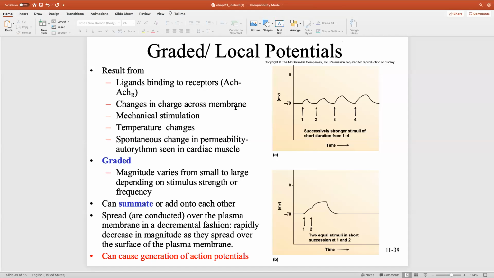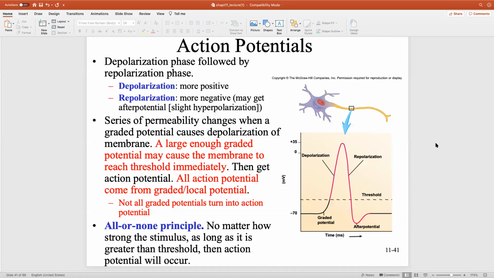So let's start out first with what is a graded or local potential. The easiest way to understand it is to look at this chart that we saw in chapter 9, where you have a full movement towards threshold, and then after you hit threshold, voltage gated sodium channels open, so you depolarize. Then the voltage gated sodium channels start to inactivate and fully close later on.